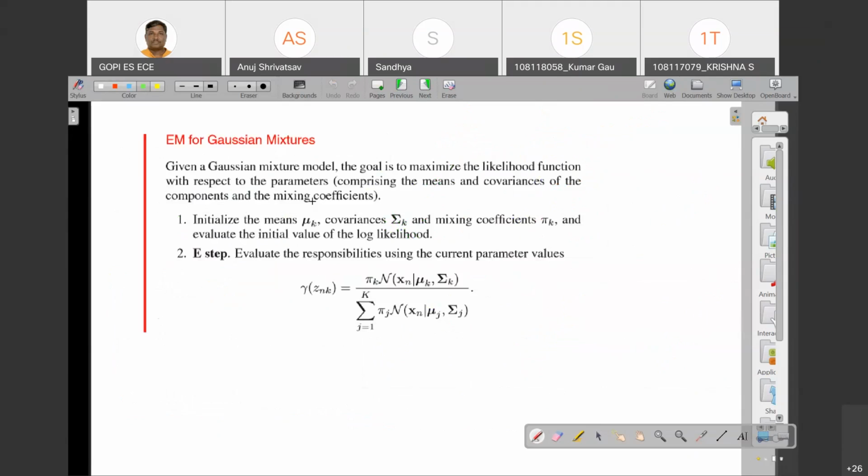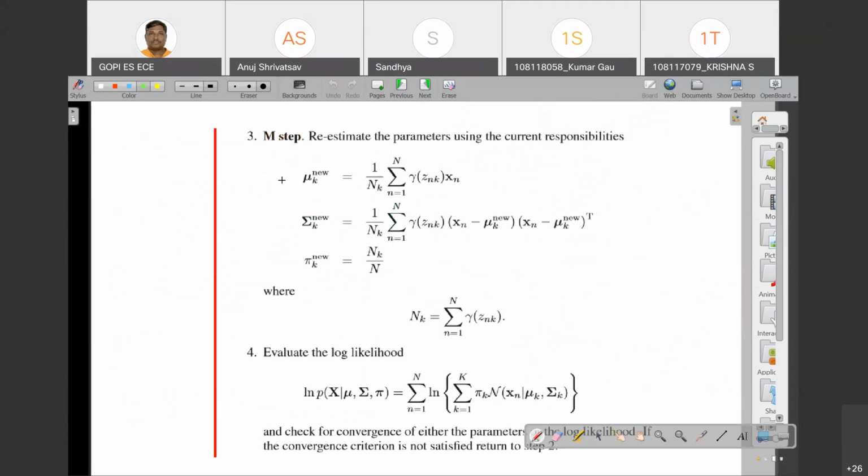You initialize the value of mu k and sigma k, and in the expectation stage, you get this gamma value, and in the maximization stage, you get this mu k, sigma k, and then pi k. So all depends upon what? Gamma. All depends upon this gamma, and even your nk depends upon your gamma.